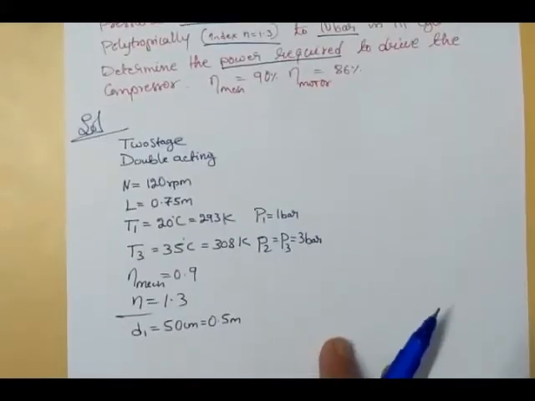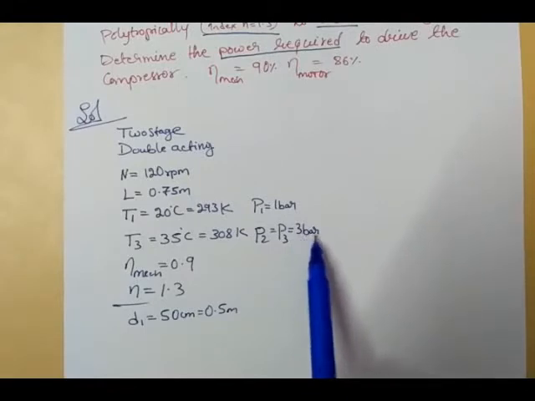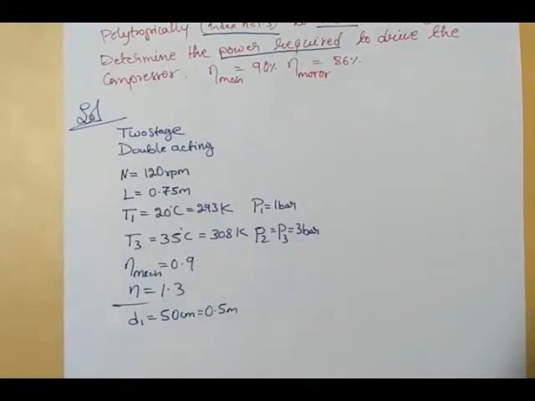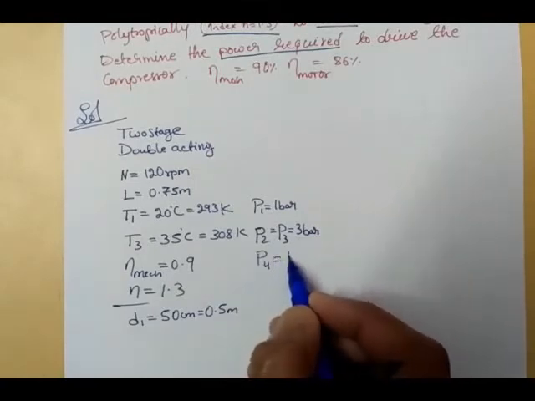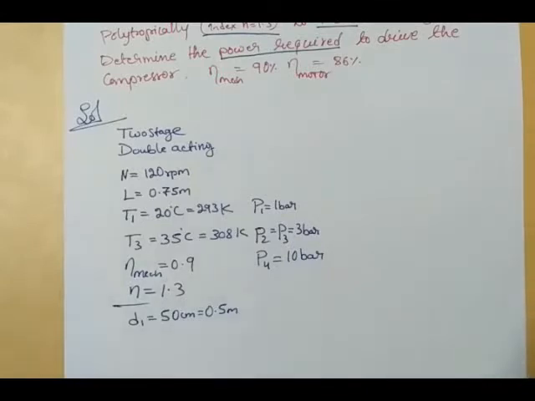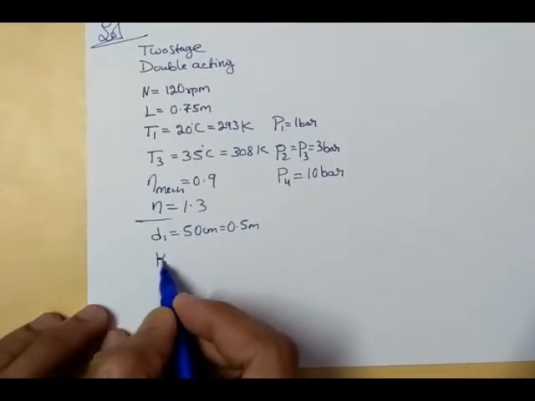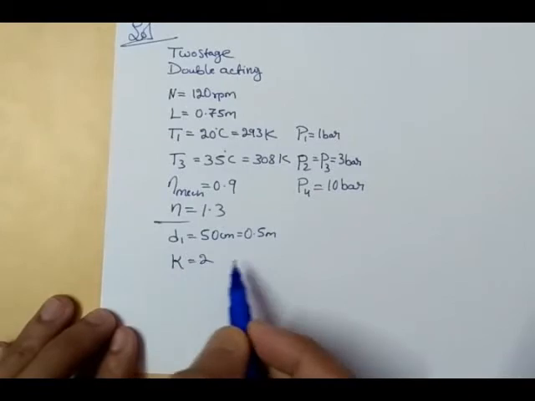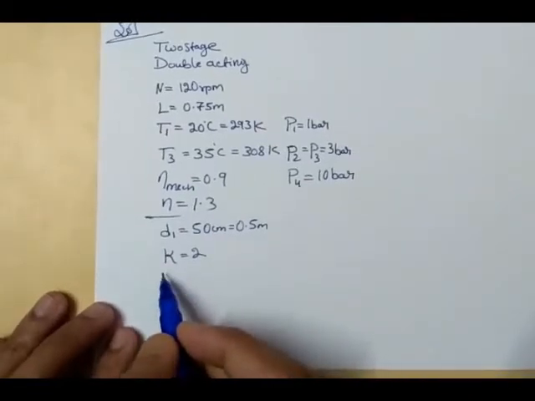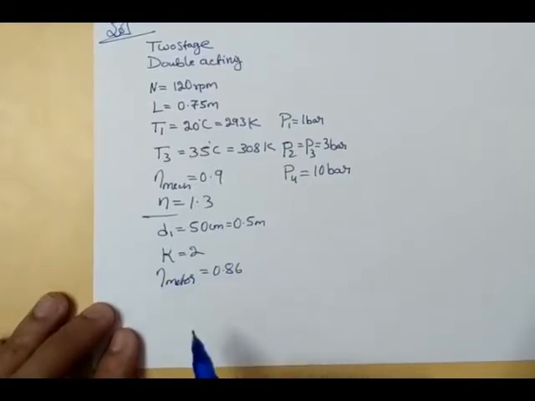That's why we can write P2 equal to P3. Temperature is reduced but pressure remains constant at 3 bar. And P4 is also given as 10 bar. It is double acting, so I will write K is equal to 2. Then motor efficiency 0.86.